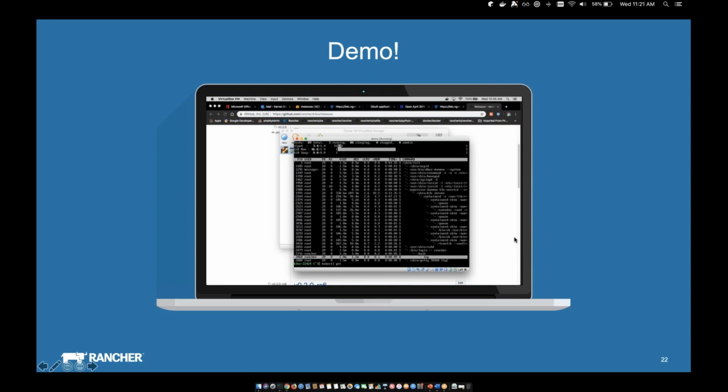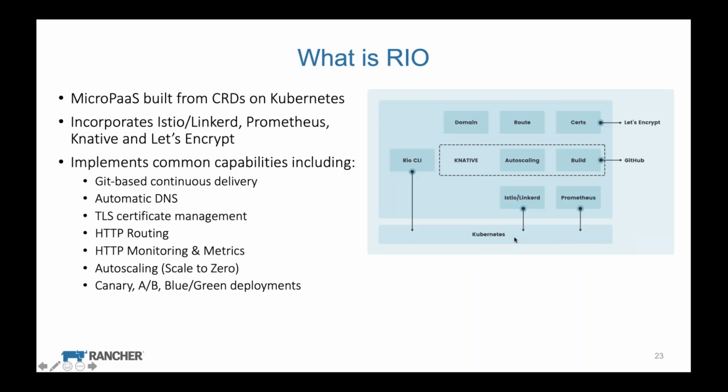Cool. So in this next part, what we're going to look at is a product that we call Rio. Over the last 6 to 8 months, when we've been talking with users in the community of Rancher and of the broader Kubernetes community, and looking at what CNCF's doing, it's been incredibly active.